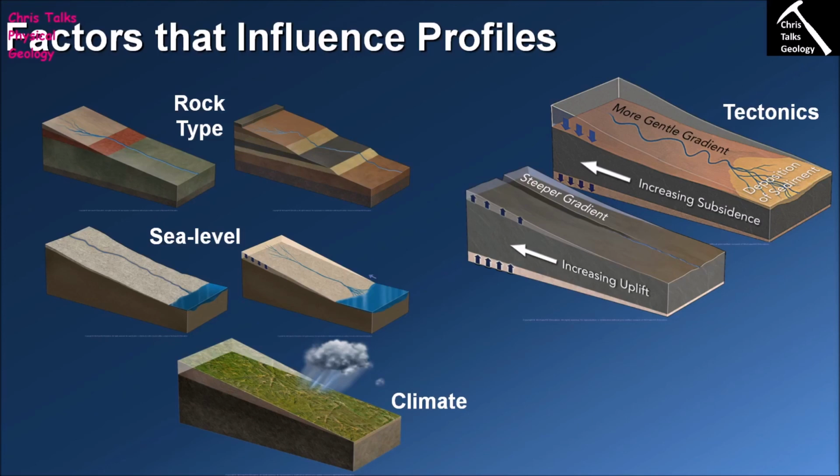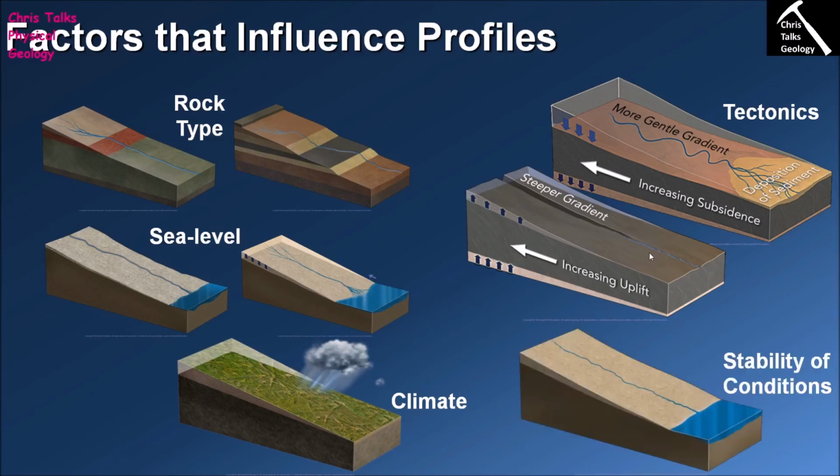So let's say maybe in the spring, and then throughout the rest of the year the supply of water decreases, and so during those periods our river could just disappear, or it could go down to a very, very slow flowing river, and this would be unable to really shape the environment to any great degree. So you can see how climate is going to have an effect on our river profile.